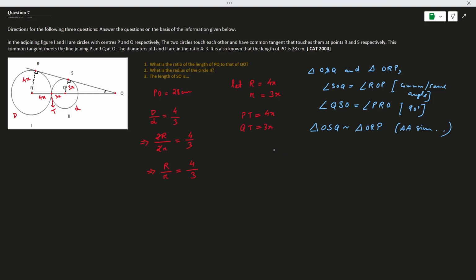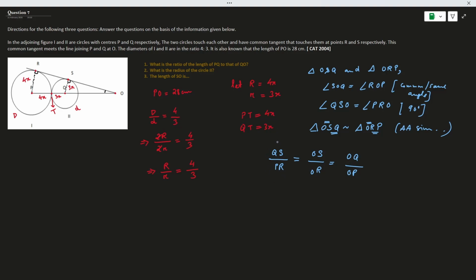So can I say QS divided by PR is equal to OS by OR, which is equal to OQ by OP, and we know that PR is 4x and QS is 3x.